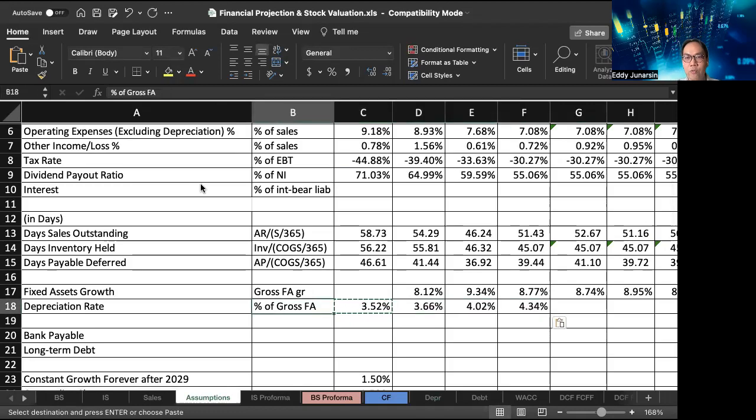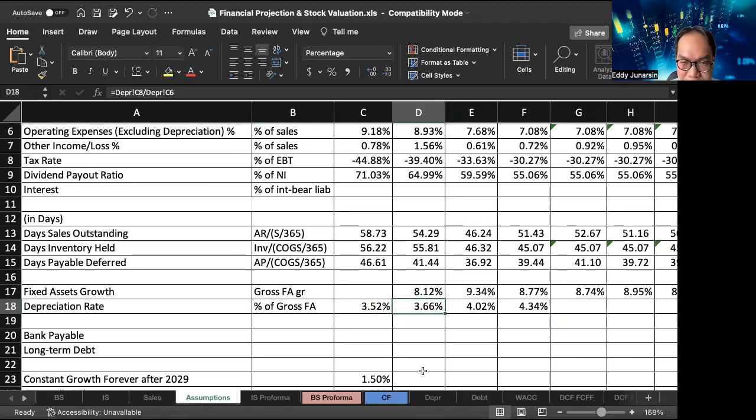So 352 to 434. I see the pattern there is an uptrend. Again, we are using this method, the depreciation rate as the percentage of gross fixed assets.